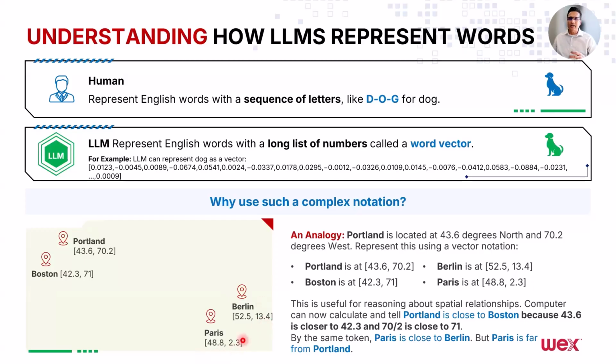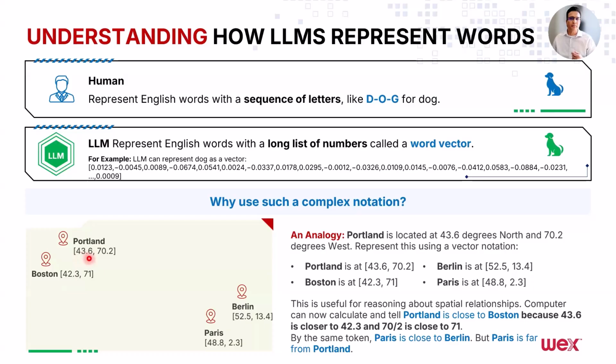Now, as a human, when I look at this map, I can tell that Portland and Boston are closer to each other than Berlin or Paris. But if I feed this data to a computer, it cannot tell just by looking at names. A computer needs numbers. Since we now provide coordinates as opposed to names of cities, the computer can tell that Boston's coordinate 42.3 is very close to 43.6 for Portland.